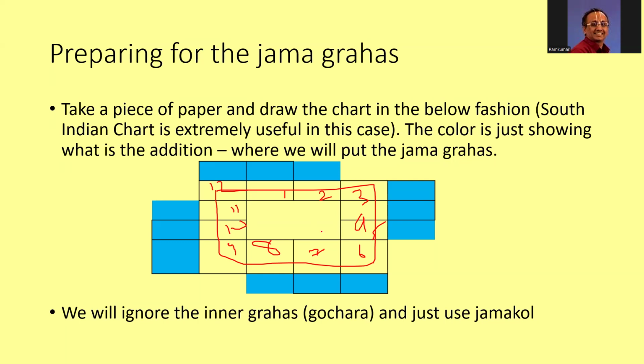Now, there are two schools of thought. First school says we will ignore all fixed signs for Jamakol, Jamagraha. That is because they are thinking, I have 12 boxes, but I have only 8 grahas. I have to put 8 grahas in 12 boxes. No, I'll ignore the fixed signs. I'll put the 8 grahas in 8 boxes. That approach is wrong. So don't use this approach.